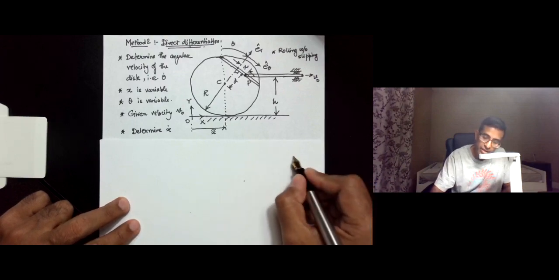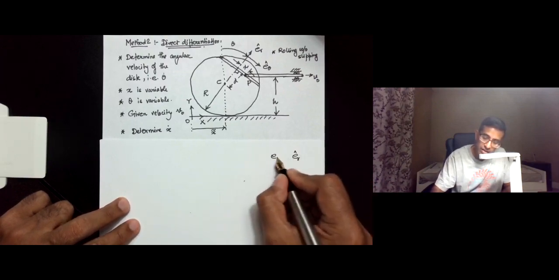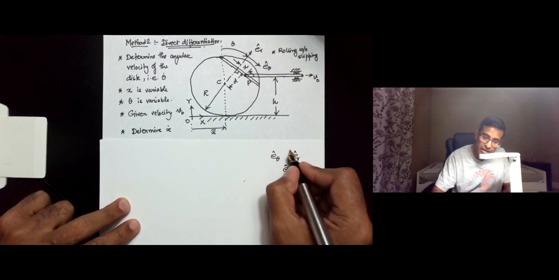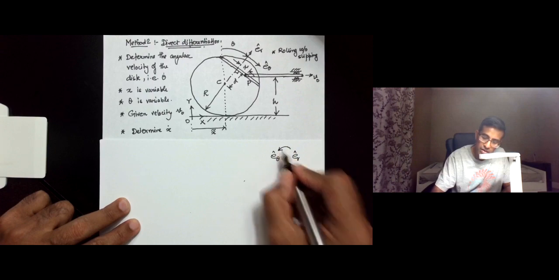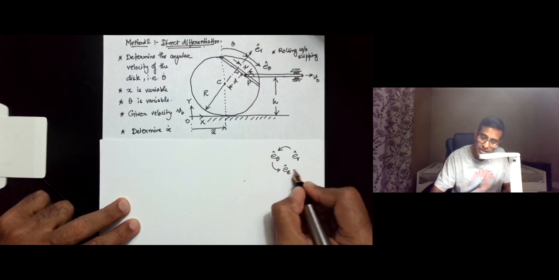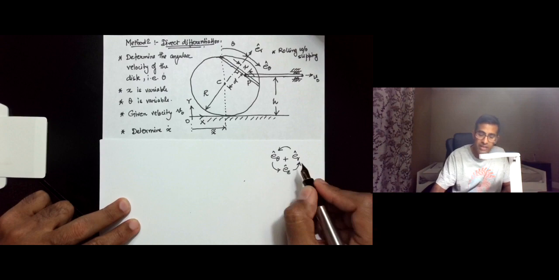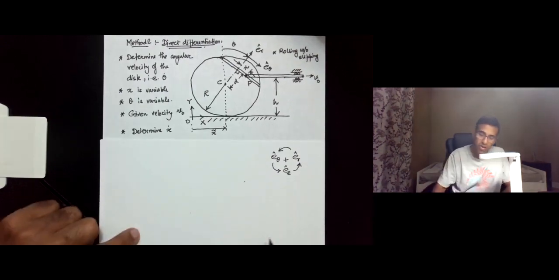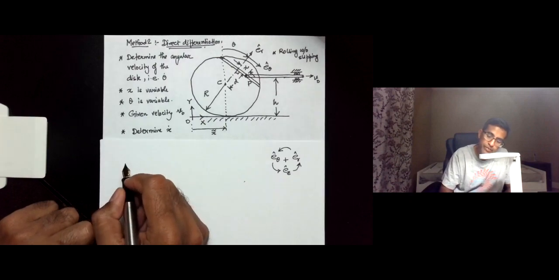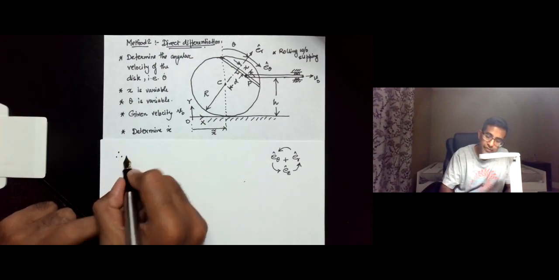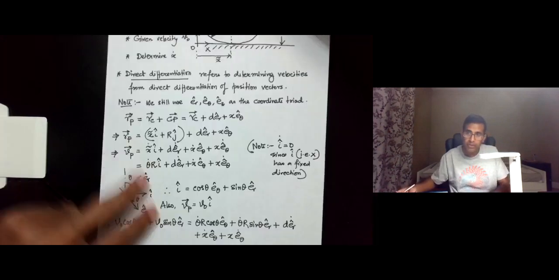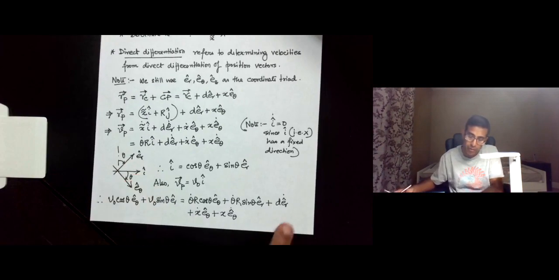So you have the ER, E theta, EZ, and our right-handed coordinate system is such that ER cross E theta gives EZ, and so on. Let's just quickly take a look at which two unit vector derivatives we want, ER dot and E theta dot.